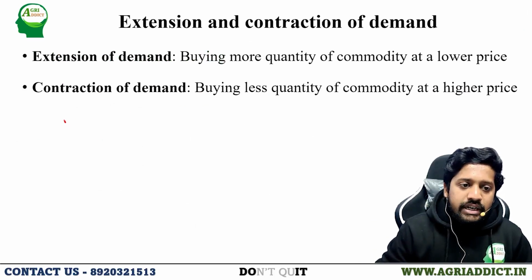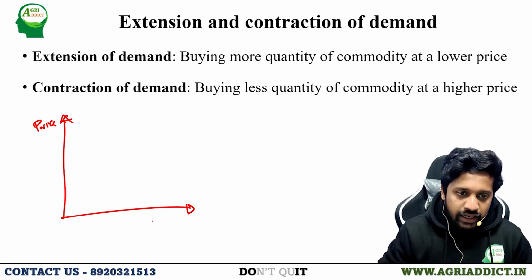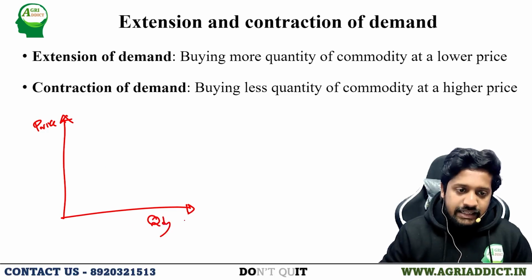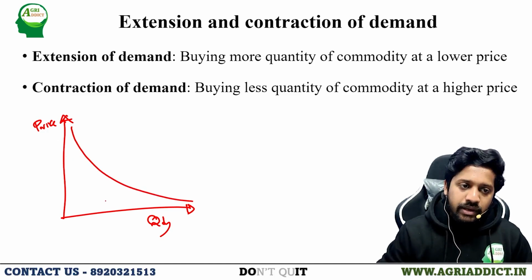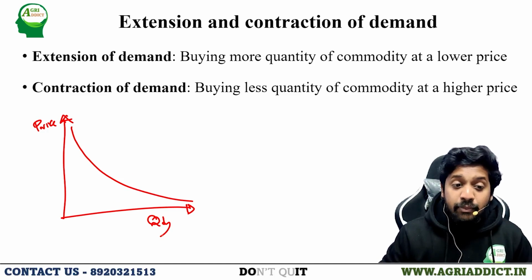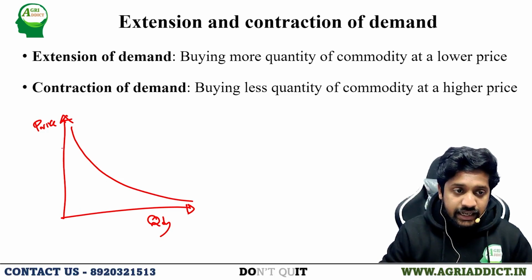As we have already seen in the law of demand, the demand curve can be shown like this. On the x-axis is quantity demanded, and on the y-axis is price. So the demand curve is downward sloping. Why? The price is inversely proportional to the quantity demanded. When the price is increasing, quantity is decreasing, right? See, this is a higher price.